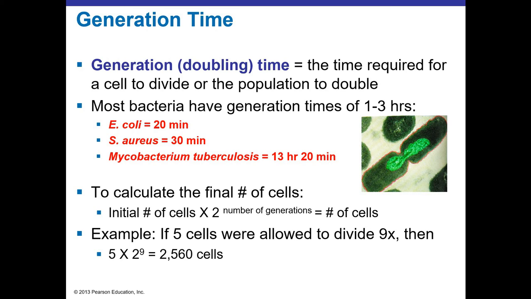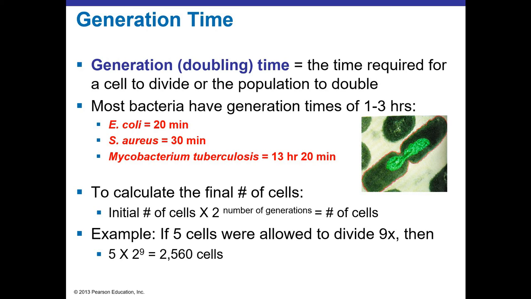We often want to calculate the generation time. So counting bacteria can be kind of difficult, but we're going to have to do a little bit of math here. To calculate the final number of cells in a culture, you would take the initial number of cells that you've counted and multiply that by 2 raised to the number of generations to get the final count.